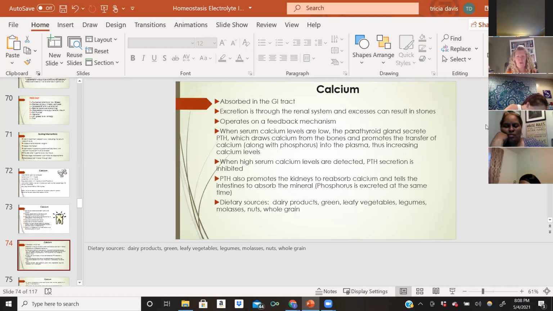Dietary sources, so obviously our dairy products, milks, cheese, eggs, green leafy vegetables, legumes, molasses, whole grain, nuts. These are all good dietary sources of calcium.